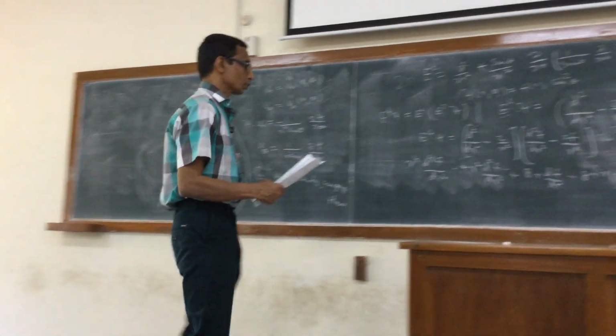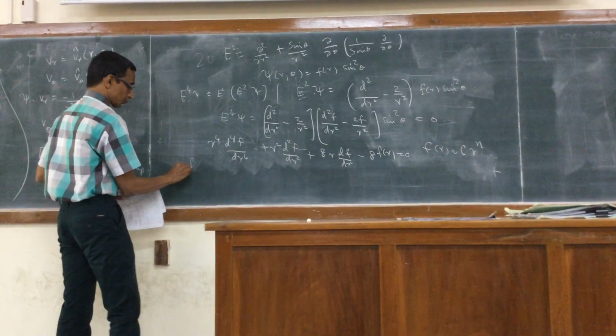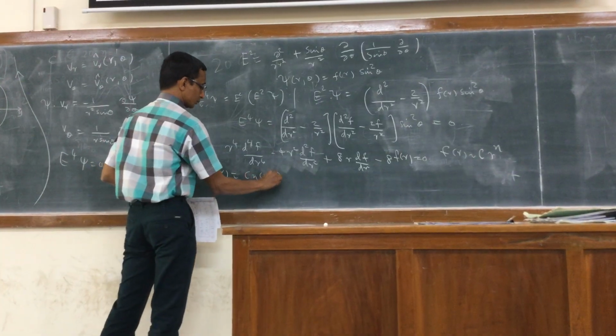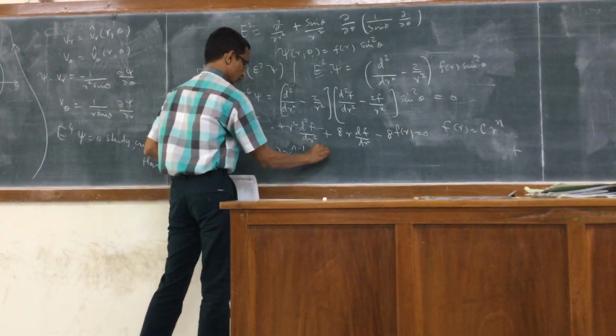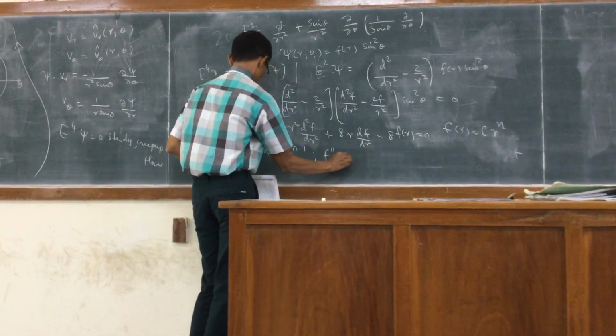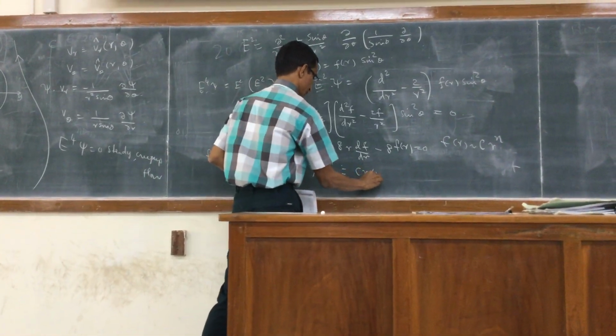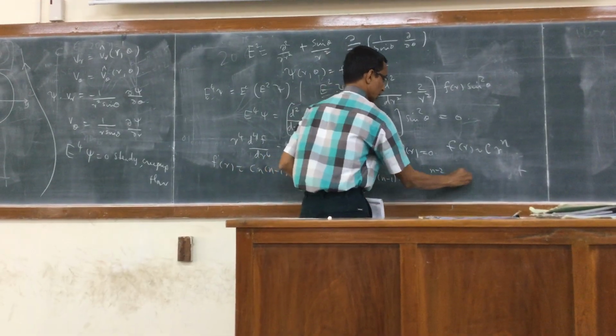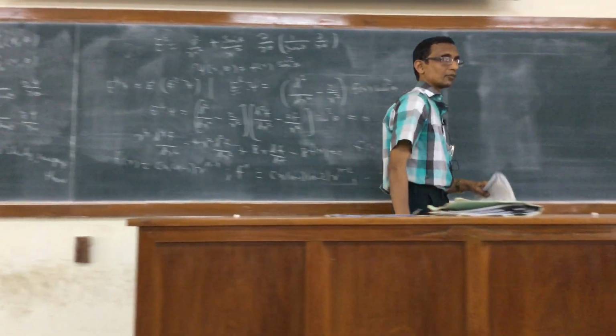So if I were to substitute this, f prime of r would be c n times r power n minus 1. F double prime would be c n times n minus 1 r power n minus 2, and so on. You now calculate the third and fourth order derivative.